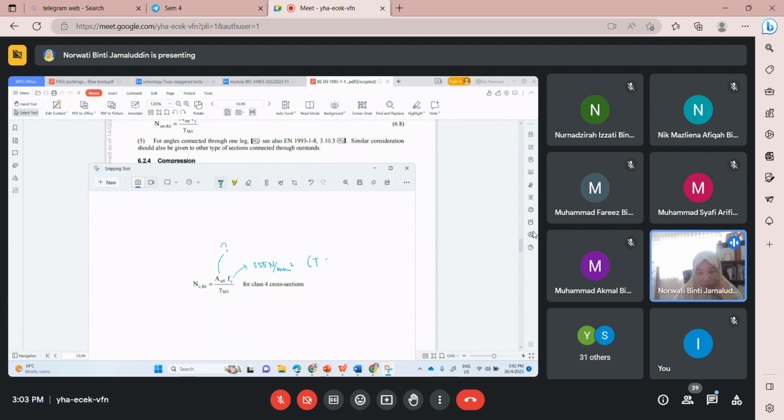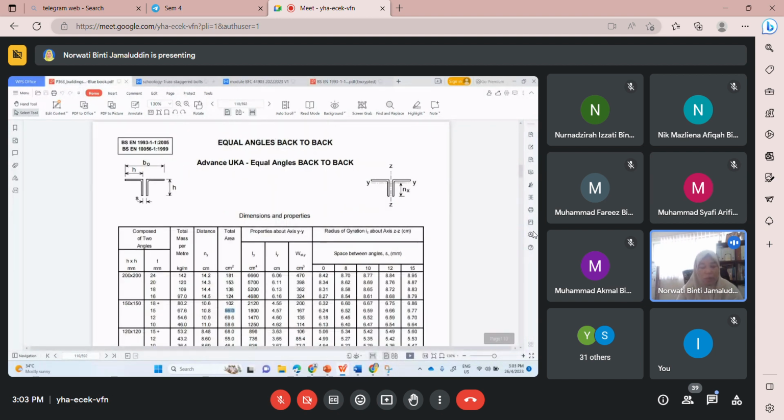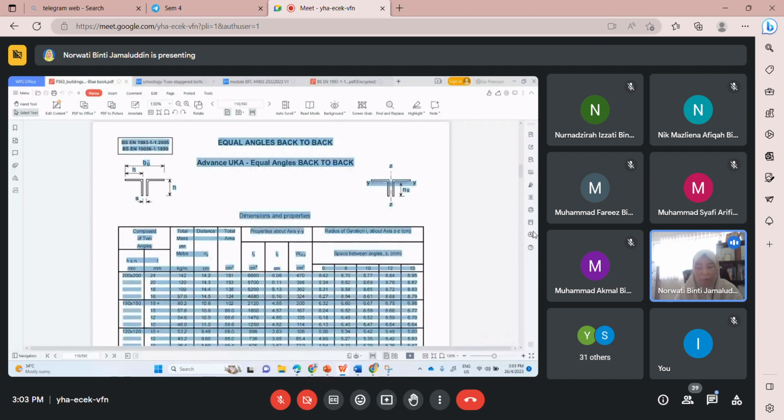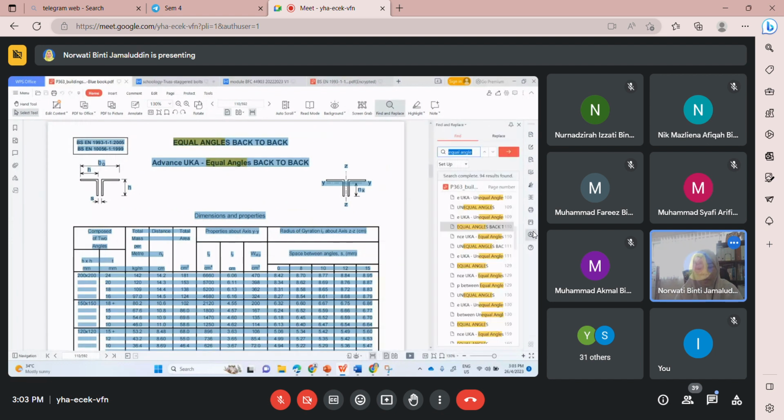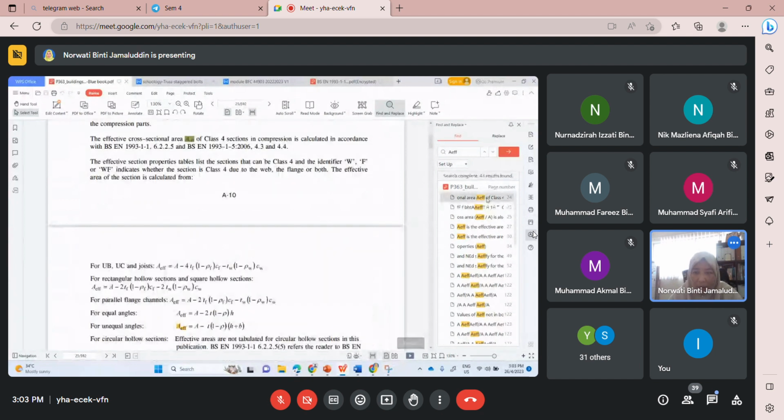Remember table 3.1, it's 1.0. A effective. For A effective, if you refer to the Blue Book, you can look for A effective. What is the explanation about the A effective?